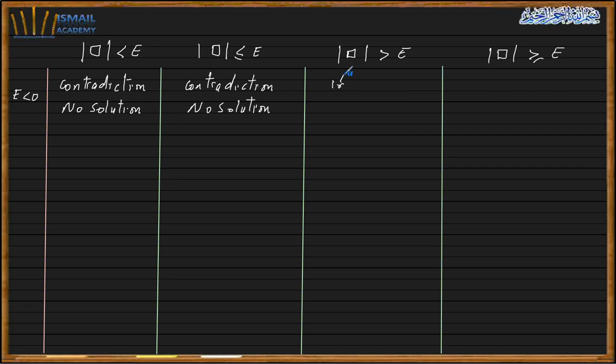Identity means all numbers are solutions. And the same thing here, we have absolute value greater or equal than a negative number, which is a true statement. So again we have identity, so again all numbers are solutions.